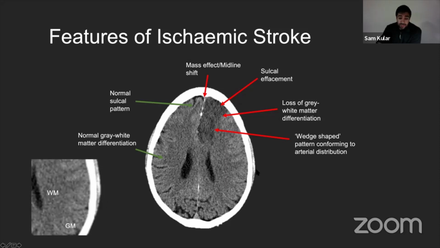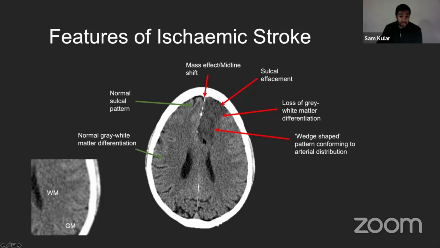The white matter is essentially our transmitting fibers. Grey matter is essentially our initiating fibers that we use to initiate a particular action, and the white matter then transports those fibers. And we lose that differentiation here due to the edema from infarction.